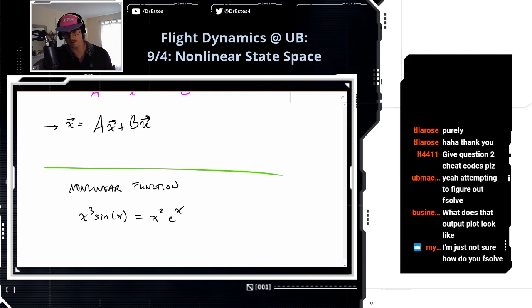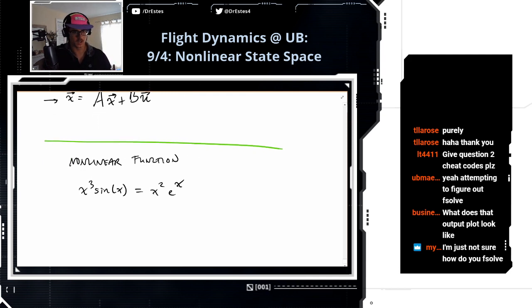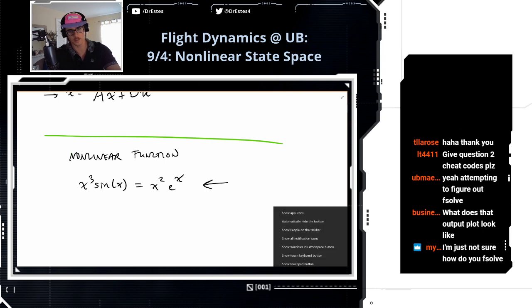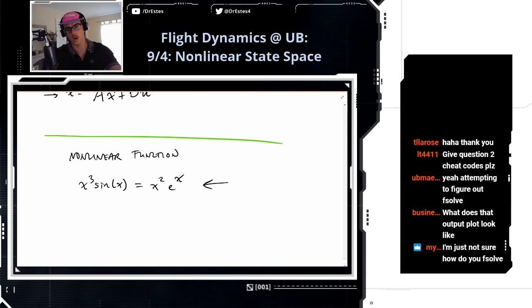So fsolve is meant to solve a nonlinear function like this for x, or you can do it for any number of variables. Like it could be a nonlinear function of x and y as well, and it can solve for both variables. But let's just limit it to one.